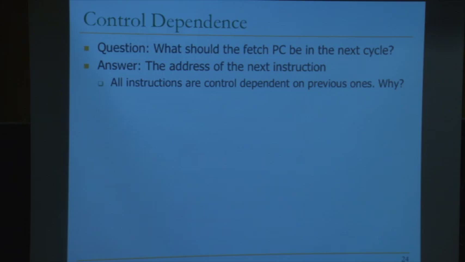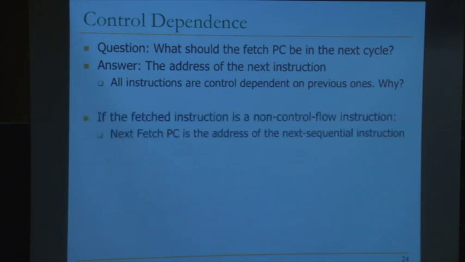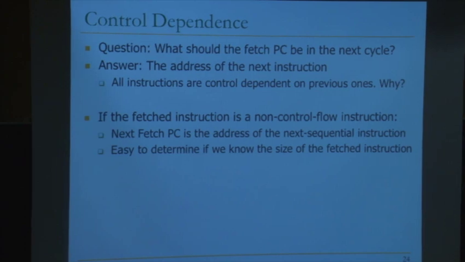You always go to the next program counter, unless you have a control flow instruction. So if the fetched instruction is a non-control flow instruction, the next fetch PC is the address of the next sequential instruction. It's trivial to determine unless you have a variable length instruction. Now if we have a variable length instruction, you have to decode the instruction to figure out the next PC.